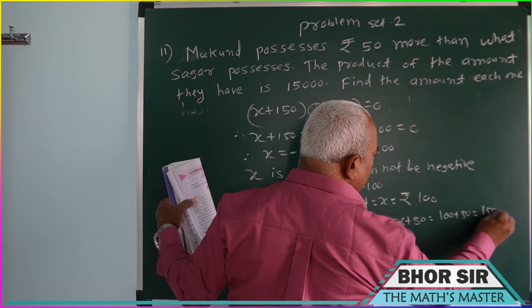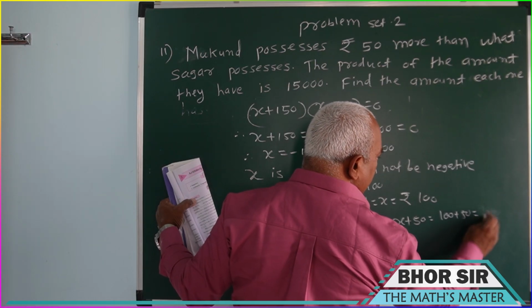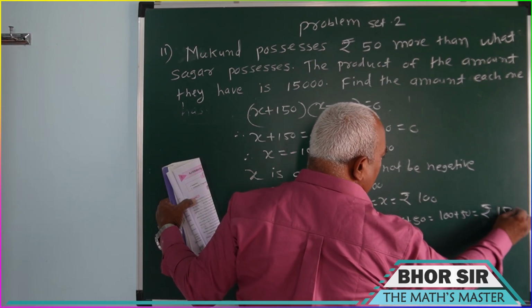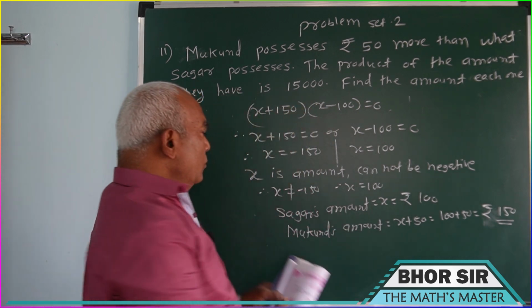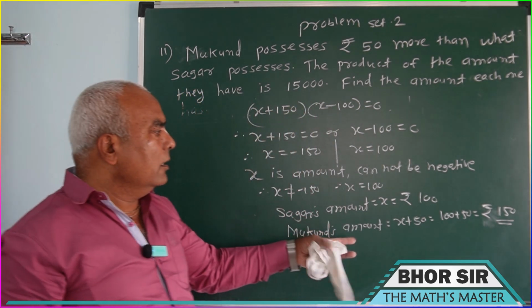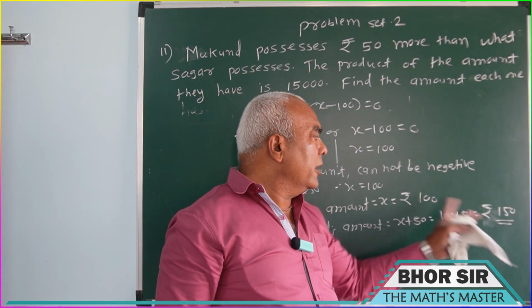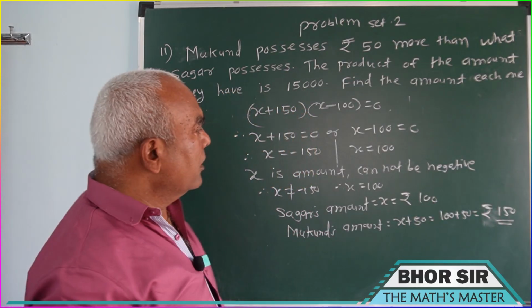The answer is rupees 150. Mukund has 50 rupees more than Sagar, Sagar has 100, and the multiplication will be simply 15,000.